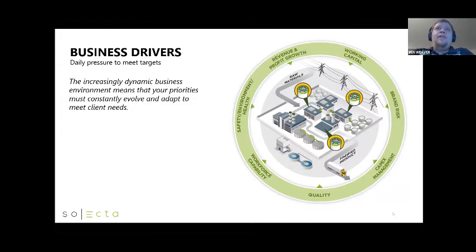So if you take a look at the diagram on the right-hand side, that's really kind of a mimic of a plant operation. And we understand that there's a number of different spots that membranes can be used to improve the performance and improve process economics.